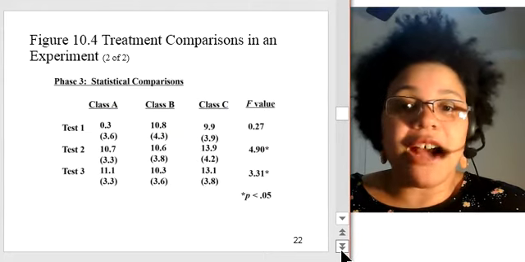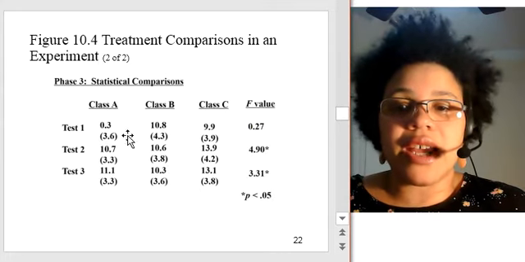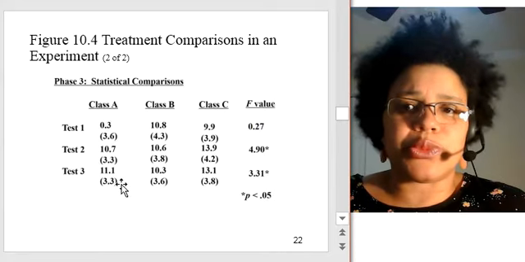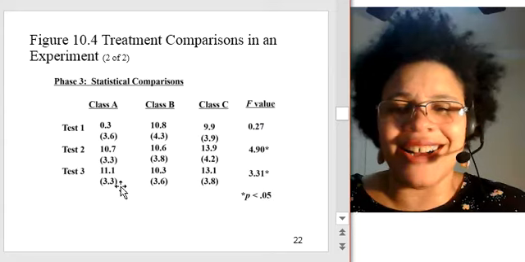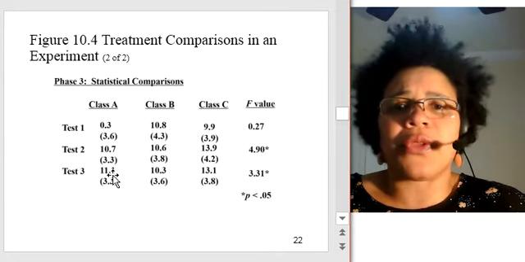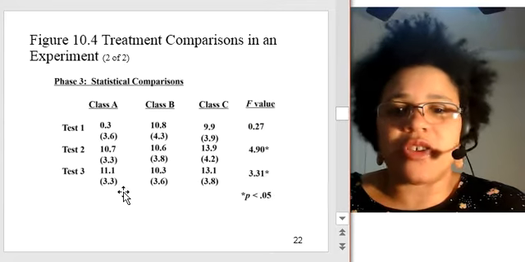And maybe you find out that the class that got the usual, maybe on the third time they're going through this, on average they get 11 words correct.